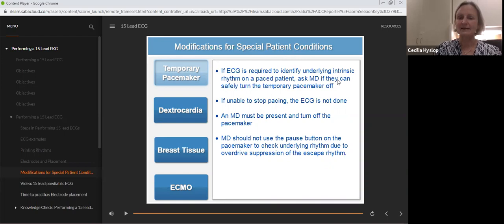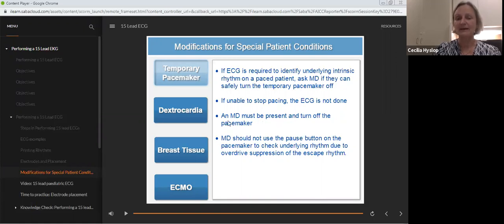So they ask the MD, who can safely turn the pacemaker off. We can get an underlying 15 lead ECG. If we're unable to stop pacing, then we don't actually do the ECG because it's just a paced rhythm. And so we're going to wait for 24 hours to see if a physician can then turn off the pacemaker.